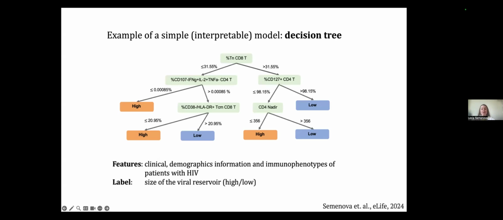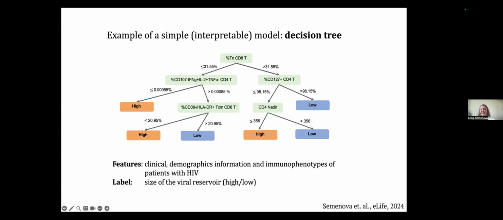And the goal was to understand something called the viral reservoir. It occurs when people are undergoing treatment, but still some virus persists in their body in a latent state. It's really important to understand this reservoir in order to find out what's going on with the immune system and the possibility to find a cure.